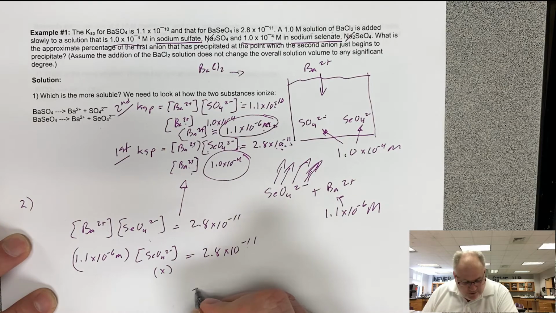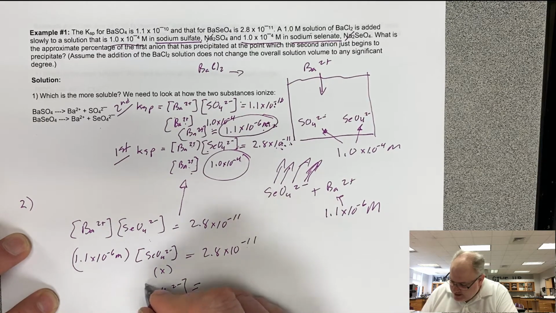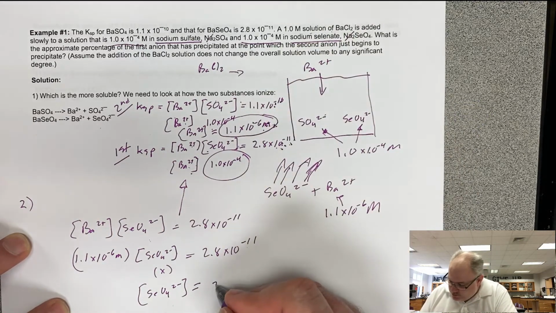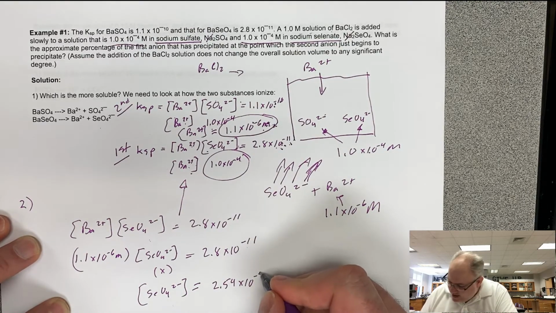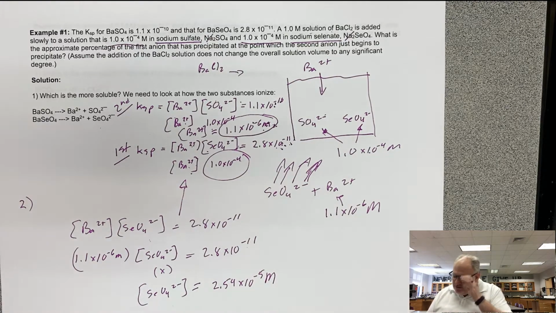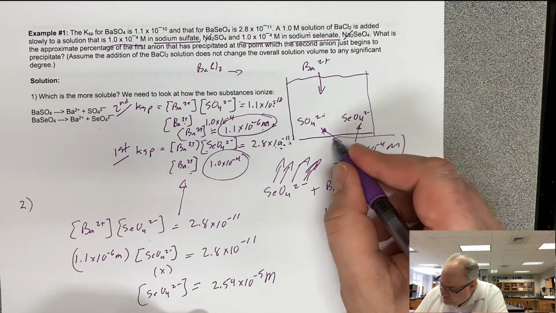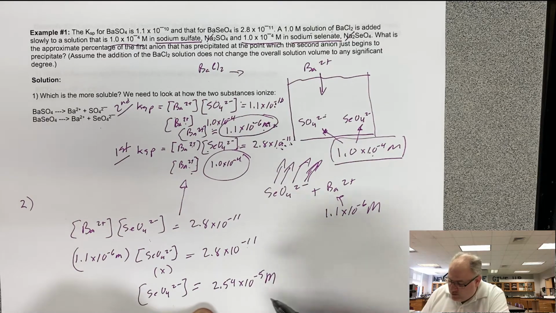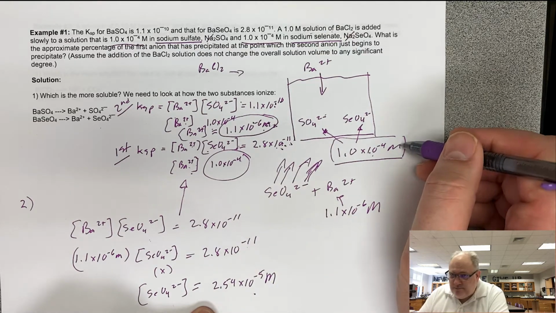And when we solve for this, we're going to discover that the SeO4 2- concentration that we have when this amount of Ba2+ starts is 2.54 times 10 to the negative 5 molar. Now this is kind of interesting, because didn't we start off in this problem with 1.0 times 10 to the negative 4? And now we have 2.54 times 10 to the negative 5, which is less. So this would be typically a stopping point in the problem where they ask you how much of this is left when you start off with this amount. But they ask you one step farther.